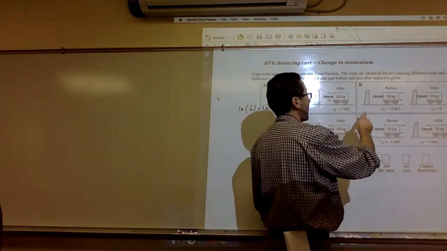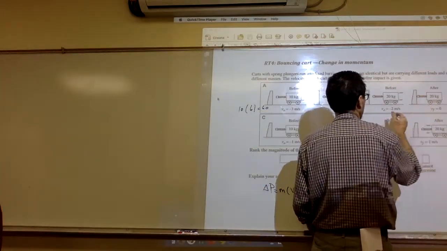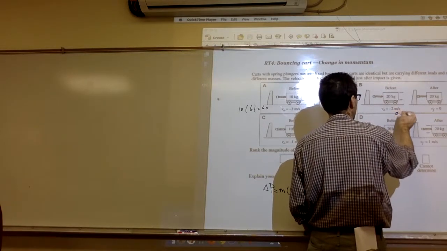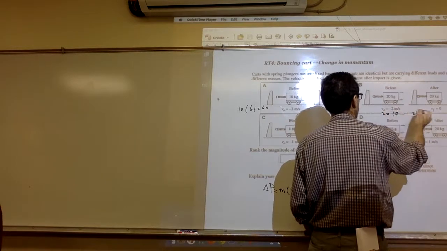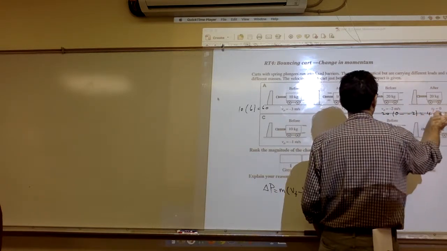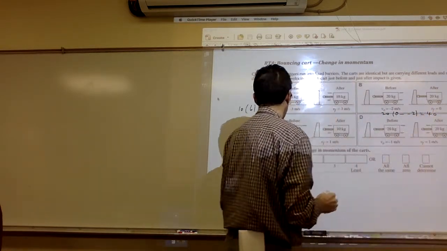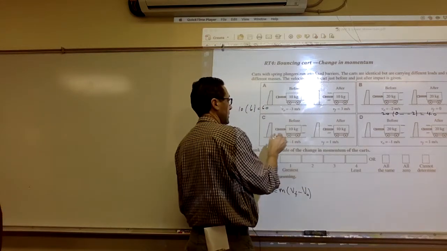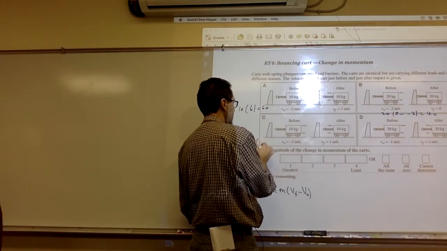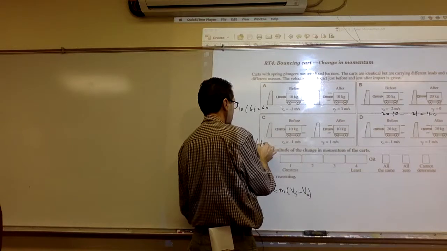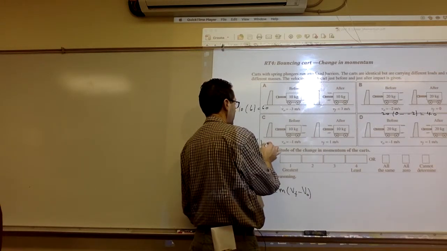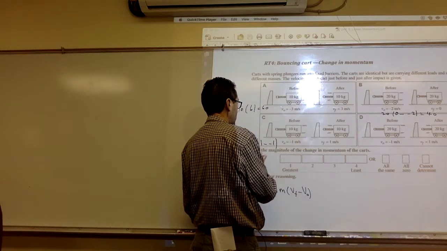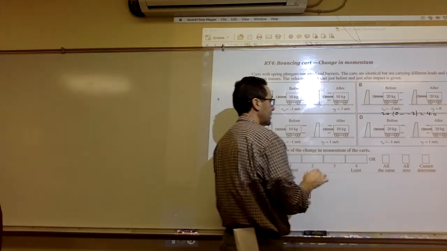For B, it just comes to a stop. So the final velocity is 0 minus negative 2 times 20. So this should be just a 40. Okay. For C, it's 10 times, it's going to the right after the bouncing with 1 meter per second minus the initial, which is negative 1, so that should be just 10.